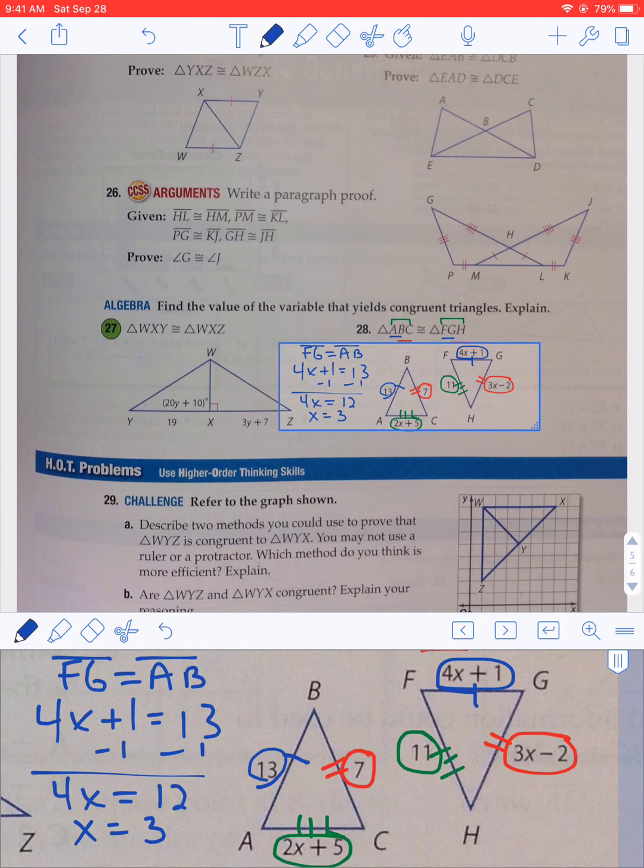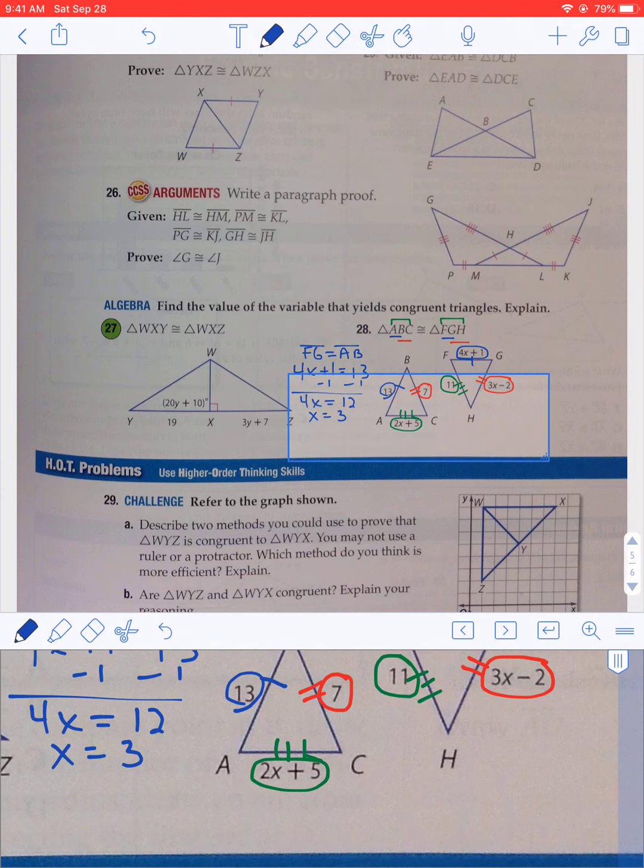Well, we know they're congruent because of the congruency statement. So we know that's going to work. So, like I already said, in my diagram, AC is congruent to FH. Now, if you don't want to draw the diagrams and show the congruency, you can write these explanations out like they want us to.